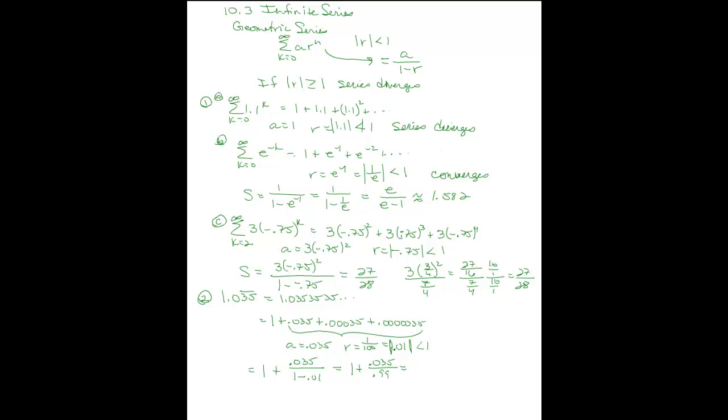So now I'm going to move my decimal on the top and the bottom 3 places, and then I'm going to add the 1, so 990 over 990 plus 35 over 990 would give me 1025 over 990, but your calculator, if you've updated it with the fraction button, should reduce it to 205 over 198. So that finishes up example 2.